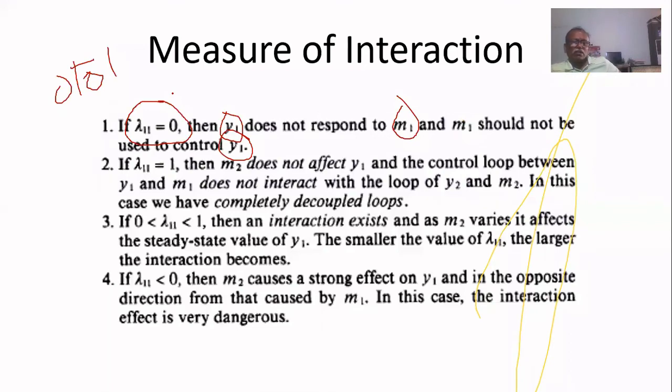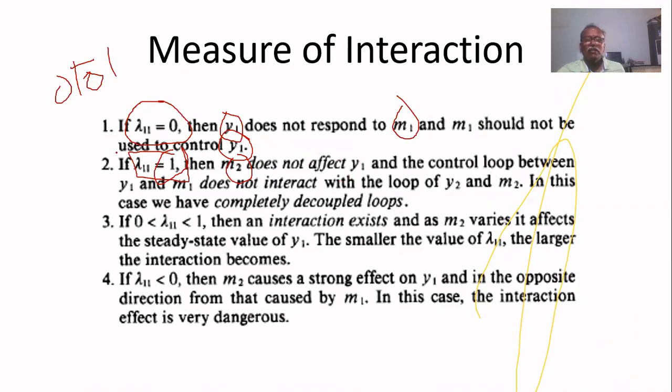If lambda 1 1 equals 1, then it means m2 does not affect y1.